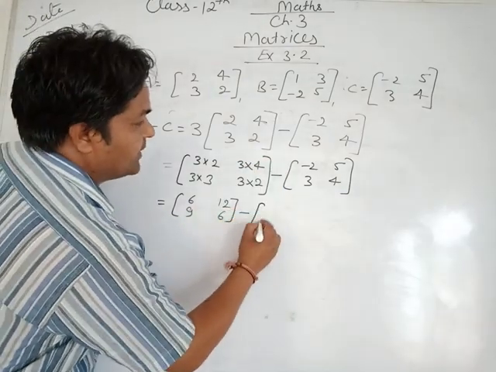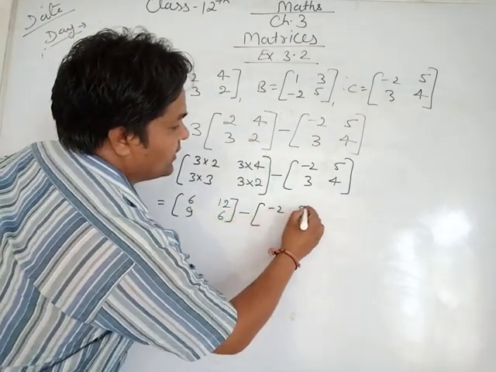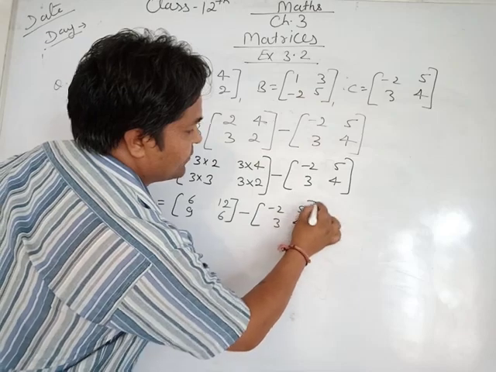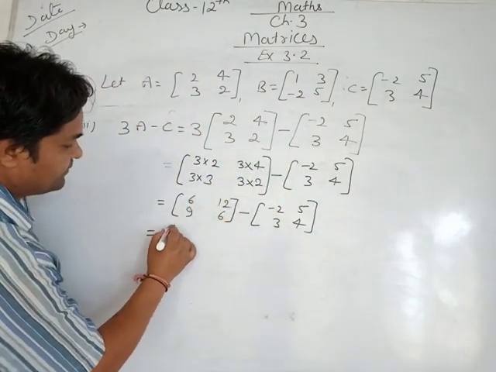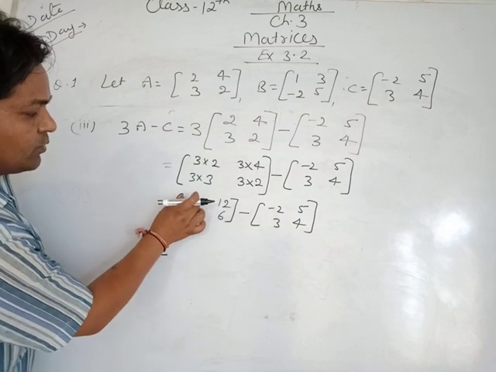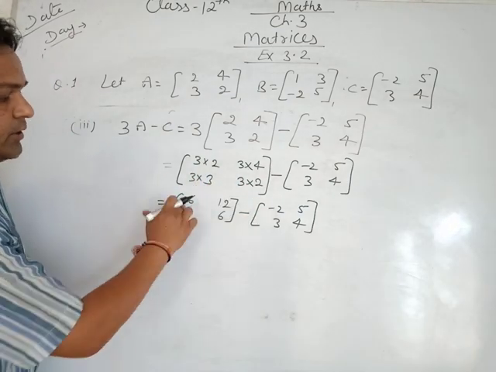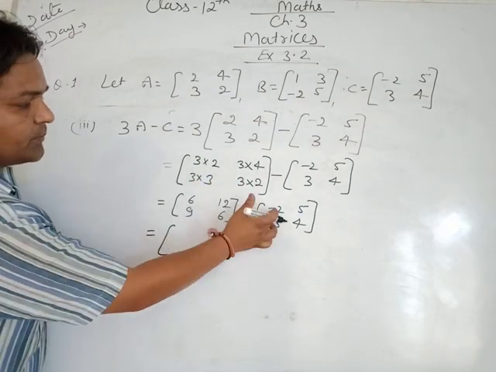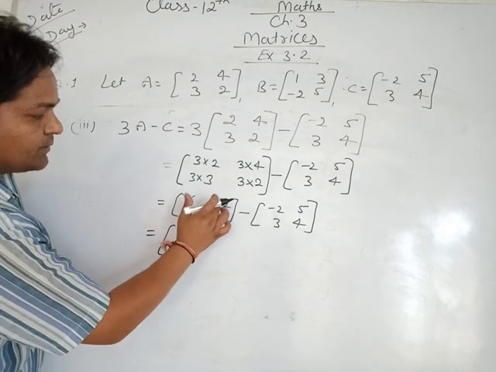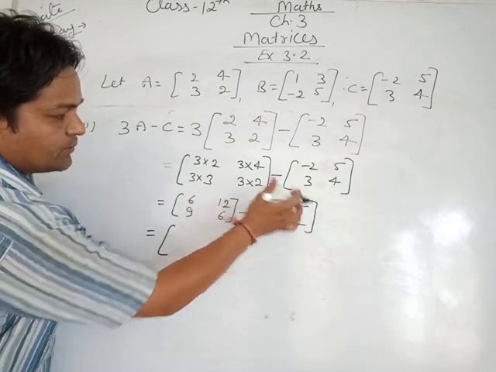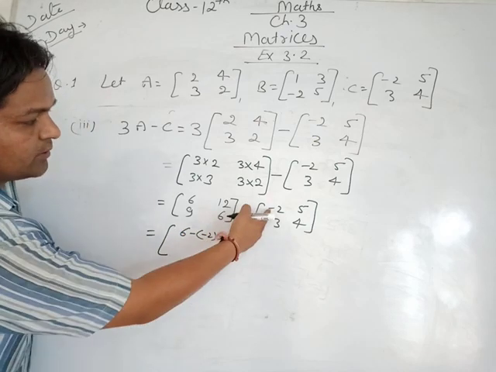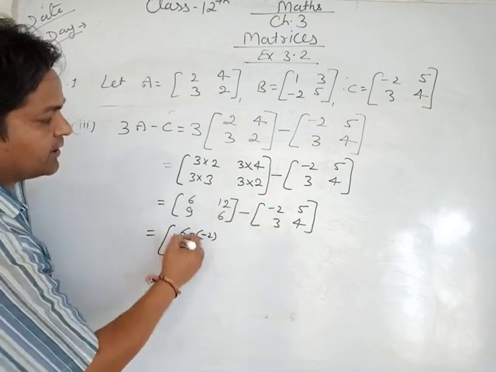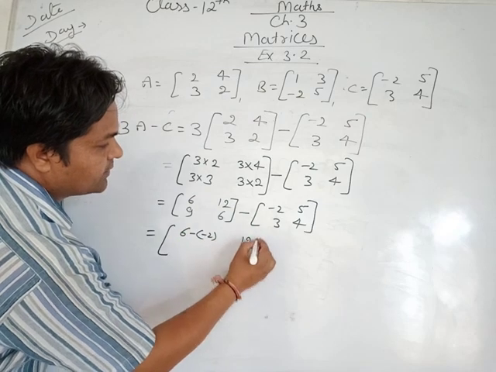Same minus 2, 5, 3 and 4. Subtract it. Same procedure: subtract corresponding elements, first element subtract first element. 6 minus 2, 12 minus 5, 9 minus 3, 6 minus 4, because here we have an extra negative sign.